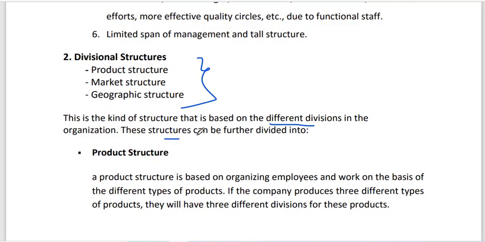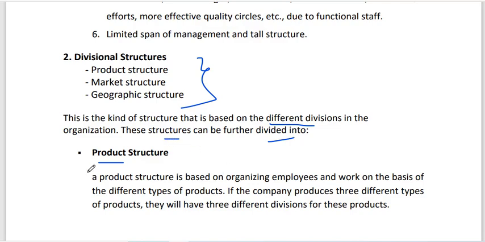So this structure can be further divided into: one is product structure. Okay, product structure. Let's say in any company there is work of three to four different types, so there should be three to four different types of employees there. So we have to divide that company based on product.